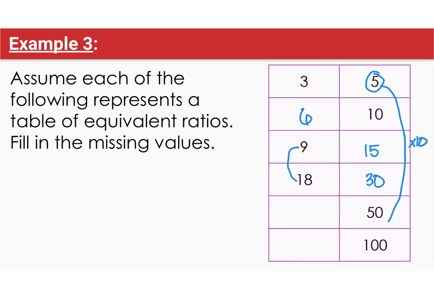So I can multiply the 3 times 10 as well. And then the 5 times what equals 100? 5 times 20 equals 100. So 3 times 20 equals 60.